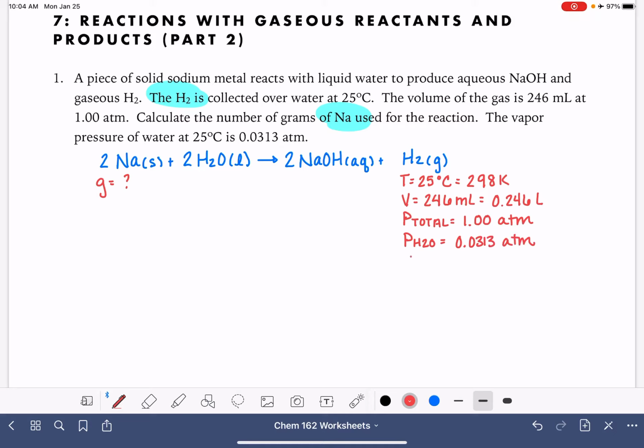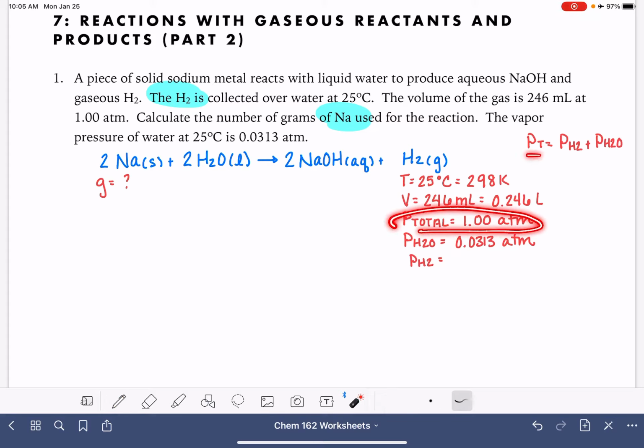So we're going to start by using Dalton's law to figure out the pressure of the hydrogen gas. When this reaction is being done, because the hydrogen gas is being collected over water, there's a combination of hydrogen gas and water gas in the space above the water.